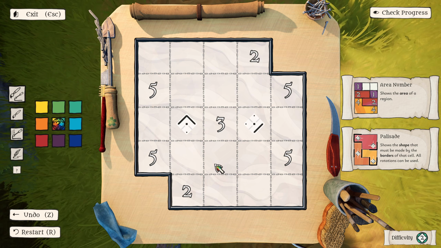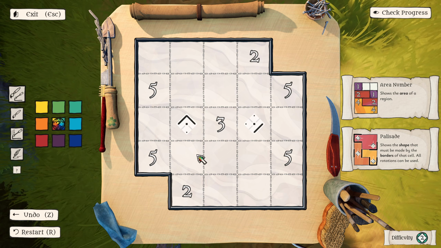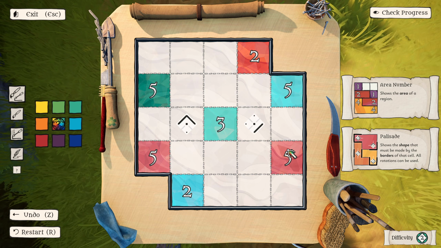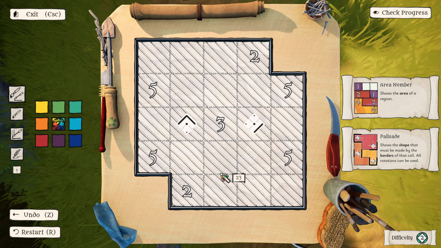All regions show area number. There's 23 here. 5, 10, 15, 20, 23, 25, 27. So from 27, we need to get rid of 4.